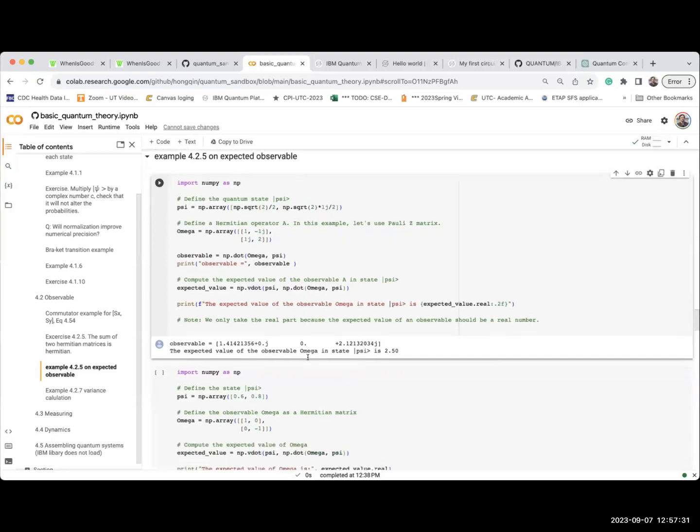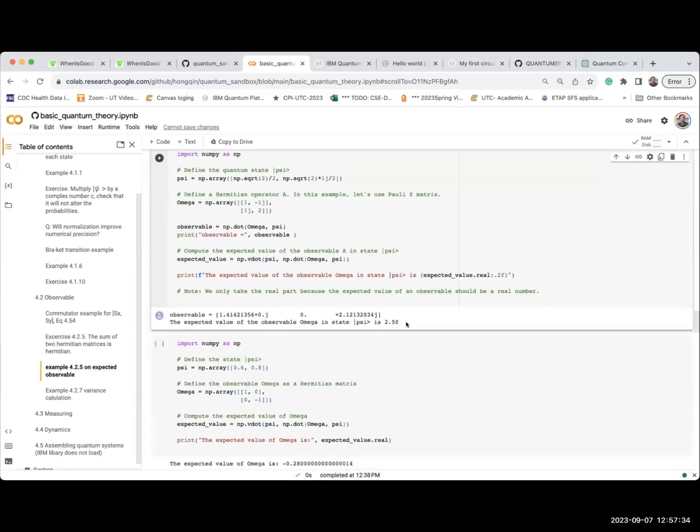So, okay, so 2.5. The final result is correct. Minus 2 minus 2, is that correct? Yes, that seems to be correct.